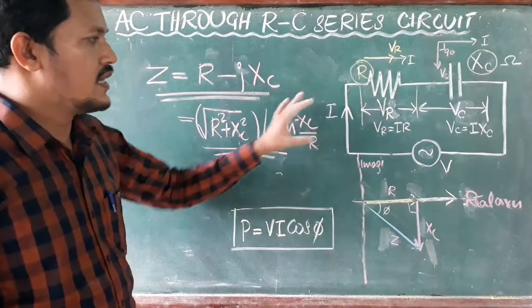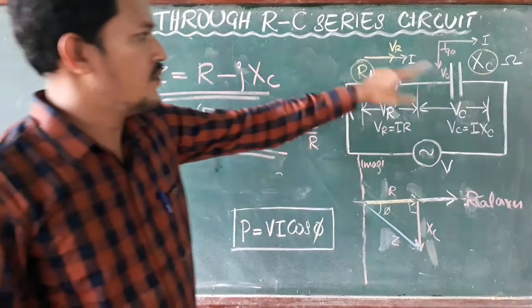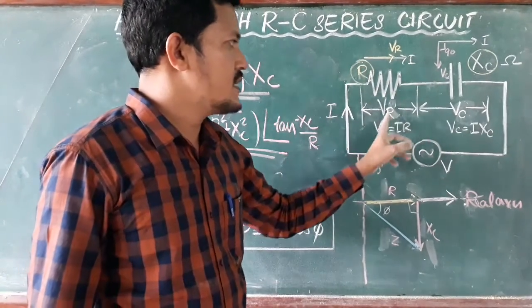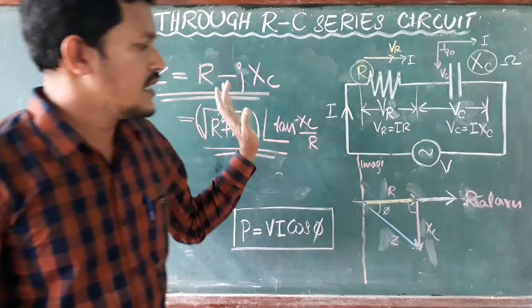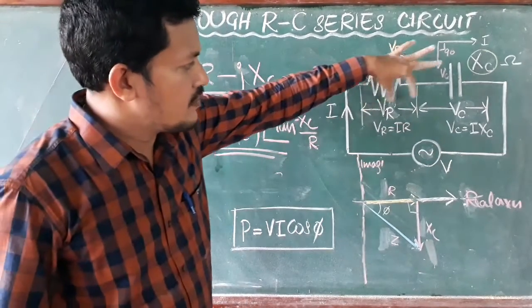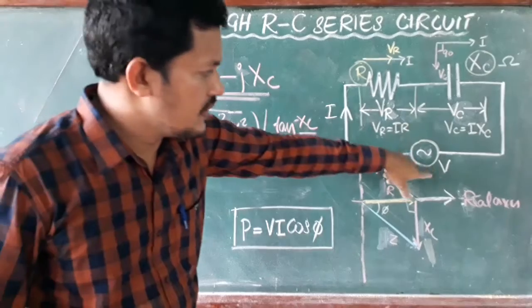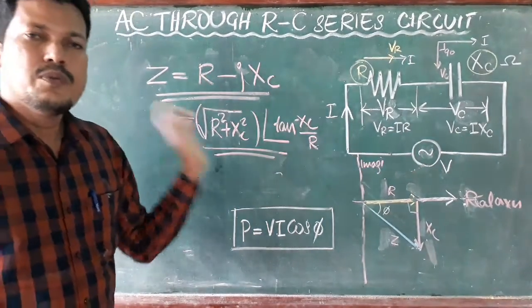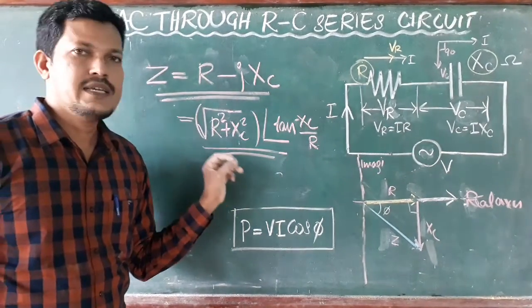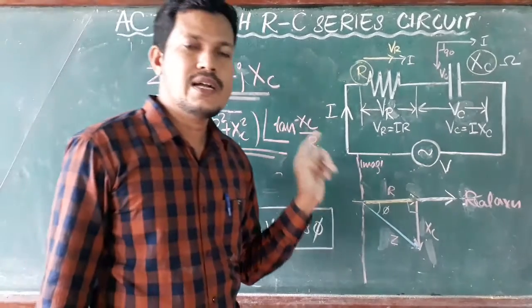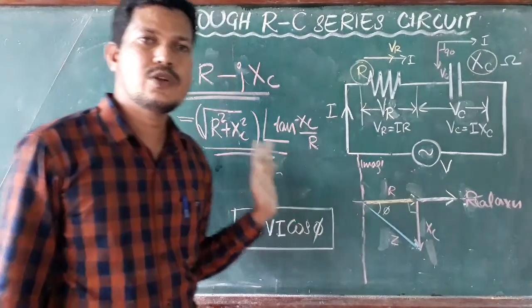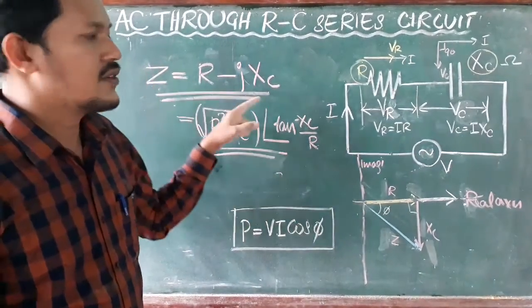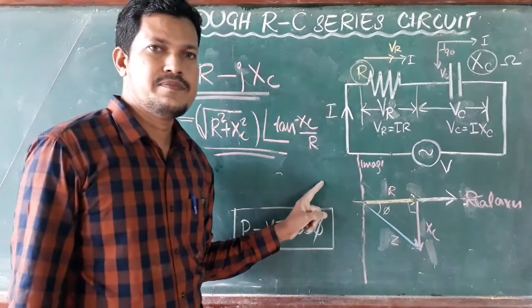We discussed what the current value is here. The same current flows through the resistance and the capacitor, and the relation between the voltages VR and VC and the total voltage. The total opposition to the flow of alternating current in the RC circuit is the impedance Z, the root of R square plus XC square. Clear?